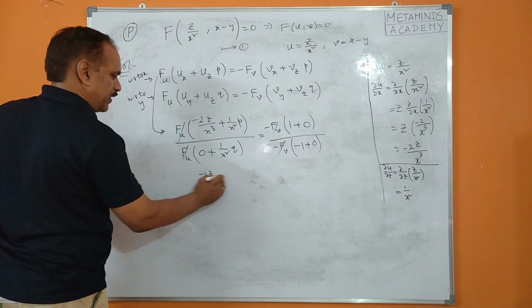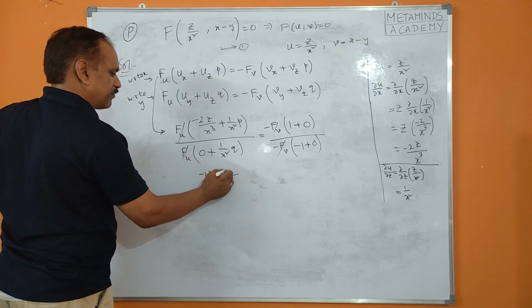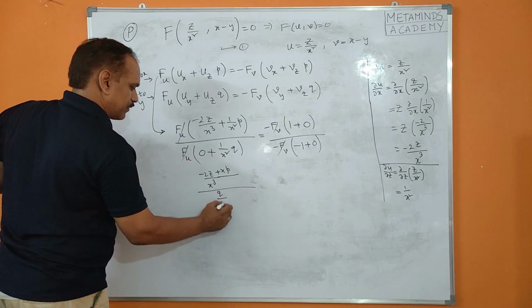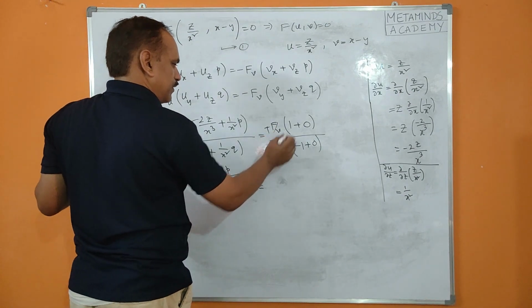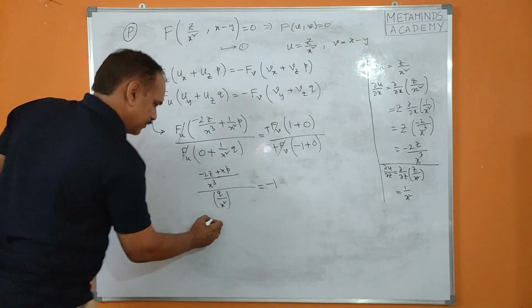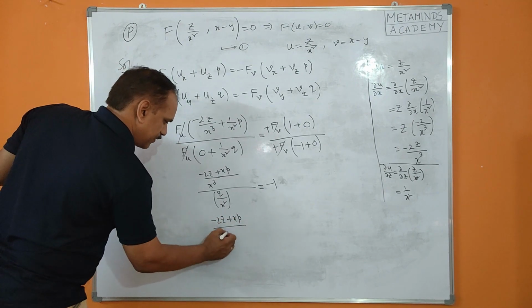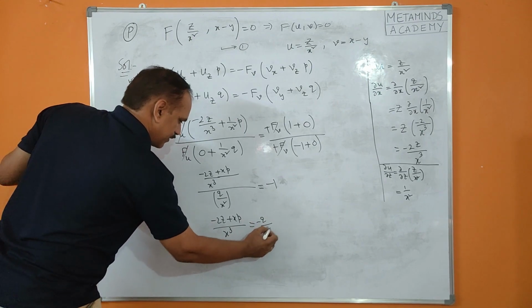Minus 2z by x cube, if you take LCM, it is xp by q by x square. It is minus minus 1, it is minus 1. So minus (2z plus xp) by x cube is minus q by x square.